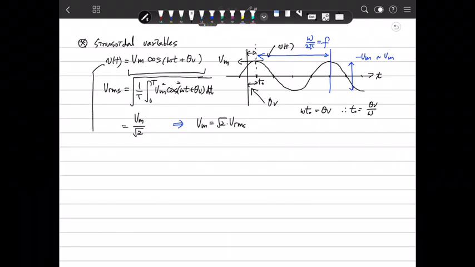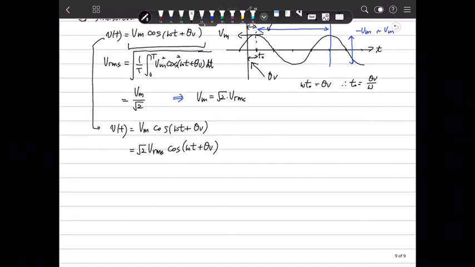So I will rewrite v(t). If we represent v(t) as a magnitude value in peak value, Vm cosine omega t plus theta v, then we can also represent it, instead of Vm, as root 2 V RMS cosine omega t plus theta v in this manner.